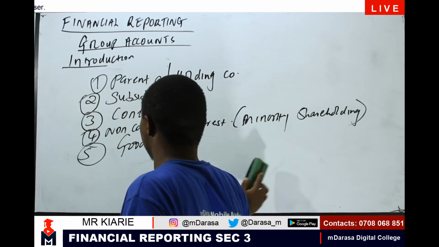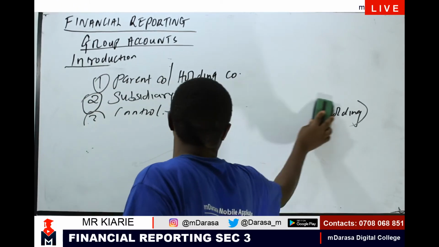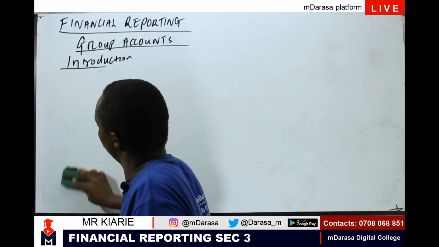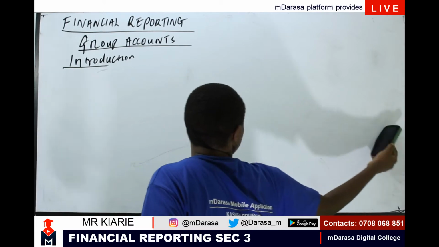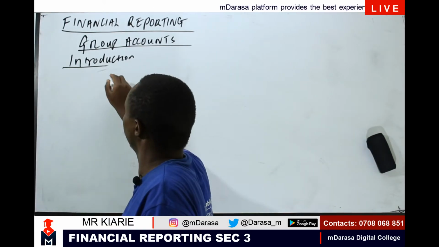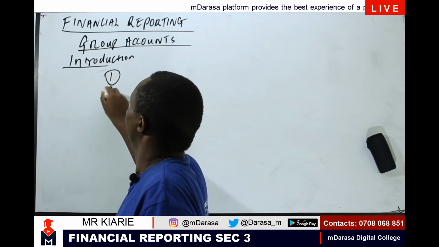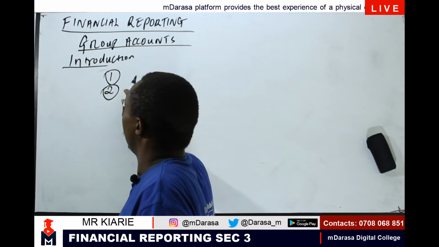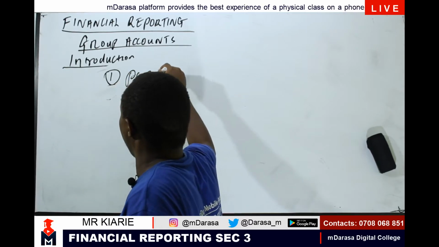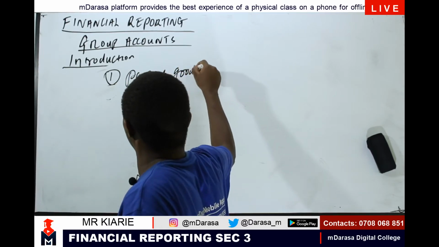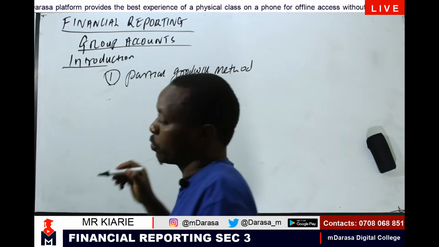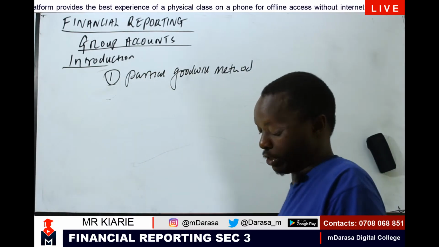There are two methods used to account for goodwill. They include, number one, partial goodwill method.